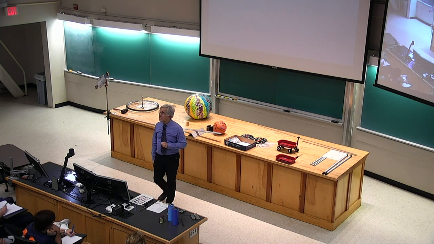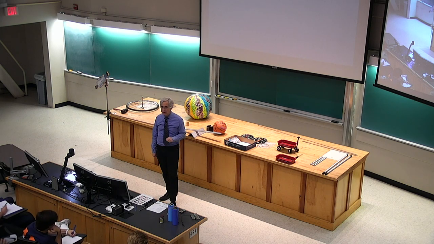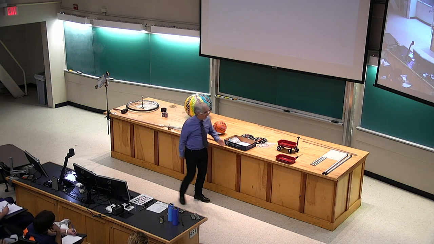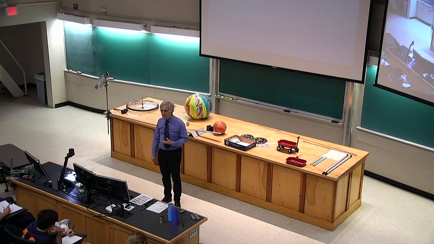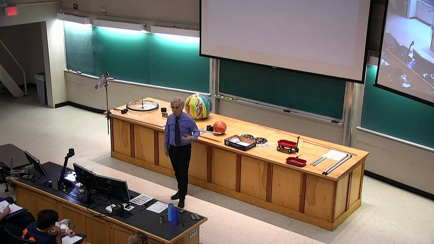Friction wastes energy, or can waste energy and cause wear. Friction does not always waste energy, but it often does. It certainly does in the case of me skidding this thing across. And I need to tell you what it means to waste energy and why it's wasted. Wheels can mitigate this effect.